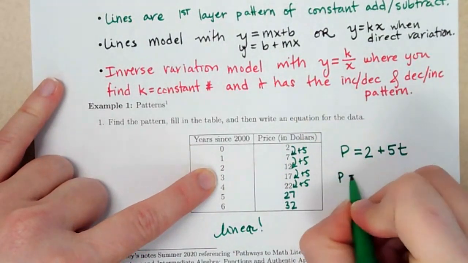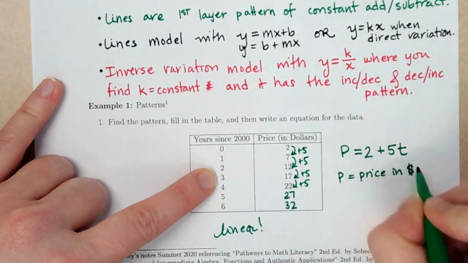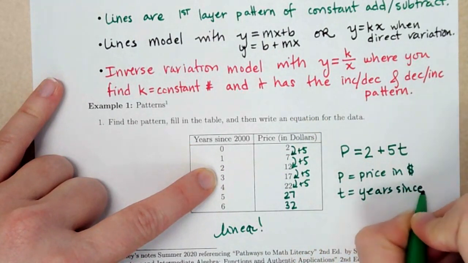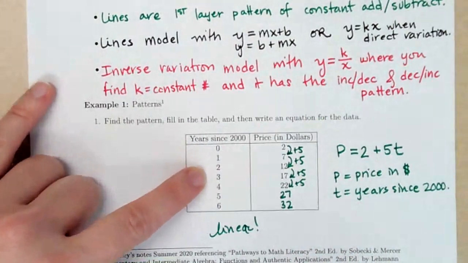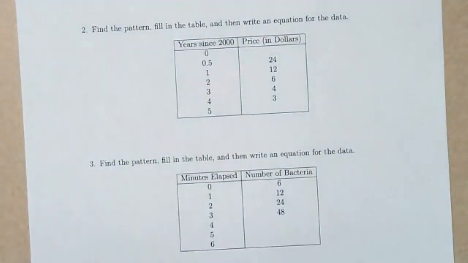Okay, P equals price in dollars, T equals years since 2000. Got it. Linear pattern. Check. I like it. Makes me feel good.